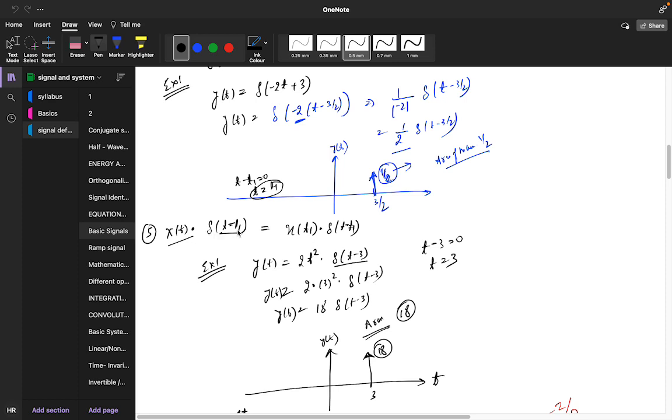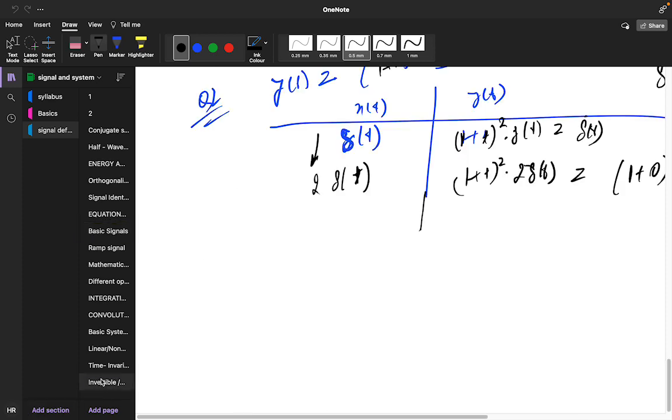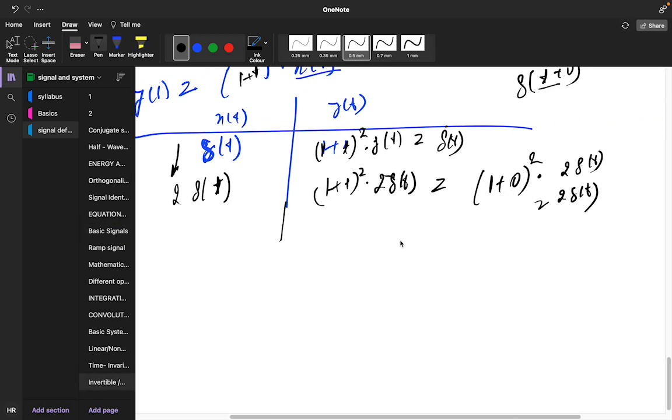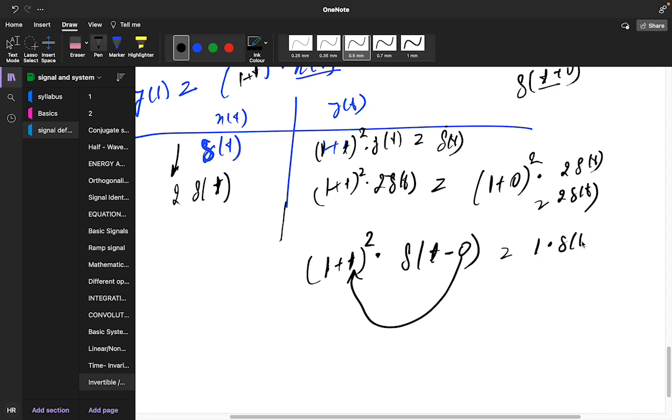x of t, delta t minus t1. So in place of t, you have to write t1, and the delta t minus t1 will be multiplied only. Go from this concept only, using it here. Here we have (1 plus t) the whole square into delta t minus 0. So in place of t, you need to put 0, so you will get 1 into delta t.